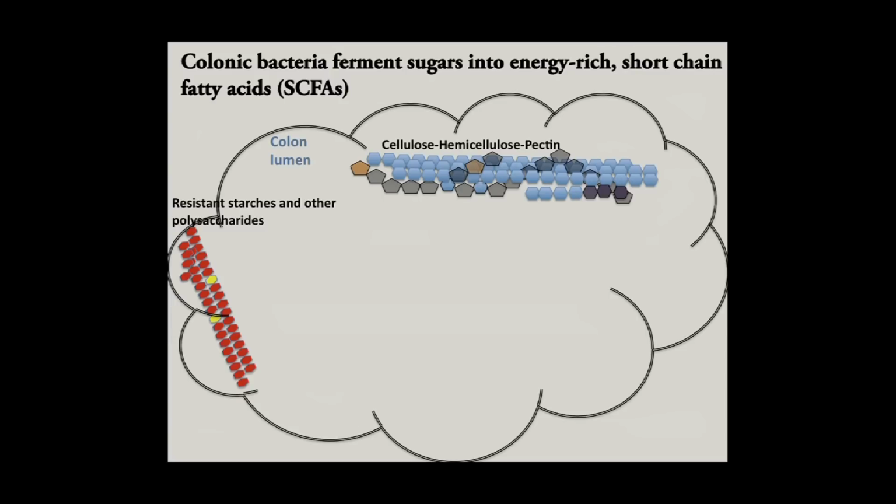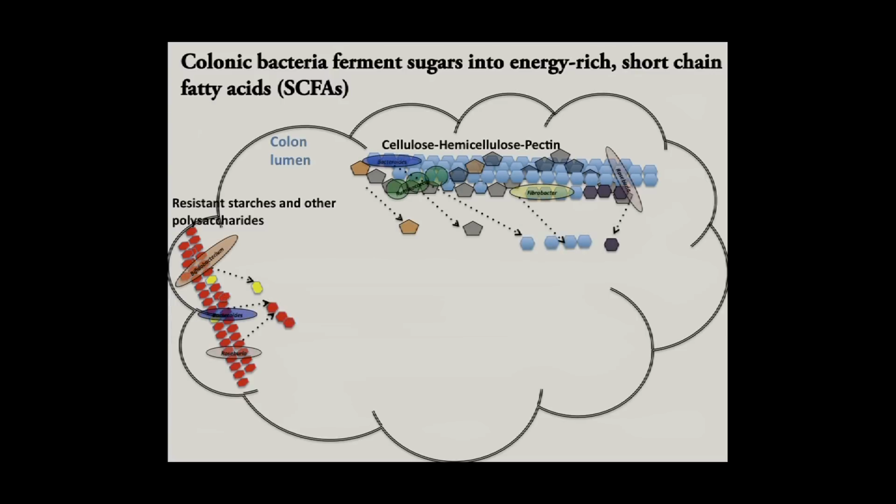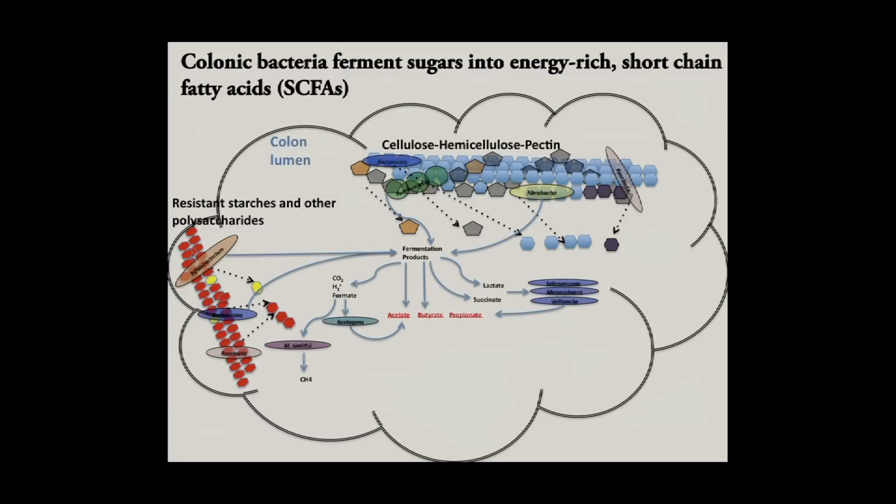As I noted, we're presented with resistant fibers and starches. Microbes begin breaking this down and removing sugars from those substances, and then conducting a fermentation process here. That's what's most important because it produces the short-chain fatty acids. There are secondary products that find their way into being short-chain fatty acids as well, as well as waste products that are produced via this process.